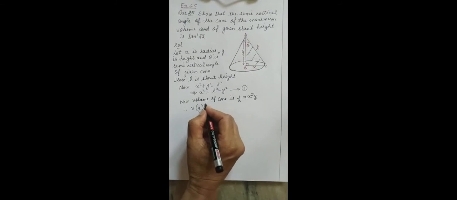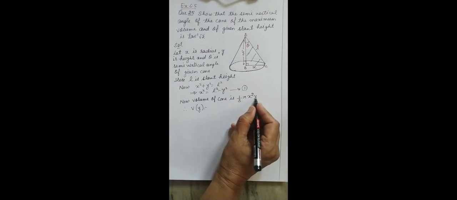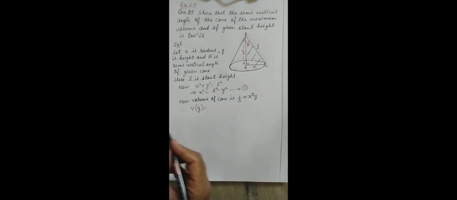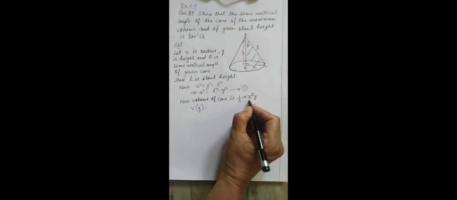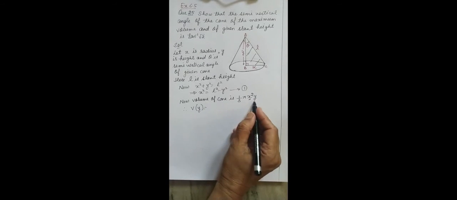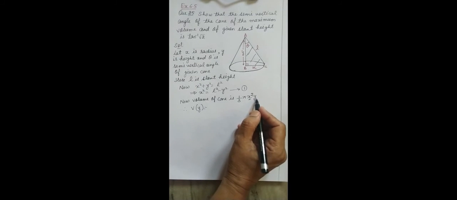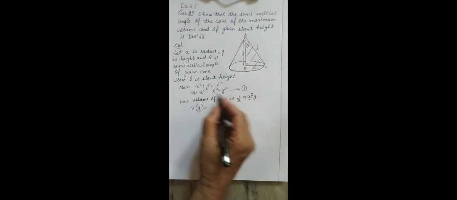Now as you can see, the volume has two variables, so I will convert the volume into a single variable. Let me put the value of x square here because it will be easy. If I put the value of y, then it will again be in a root. So avoiding that, I will substitute the value of x square.